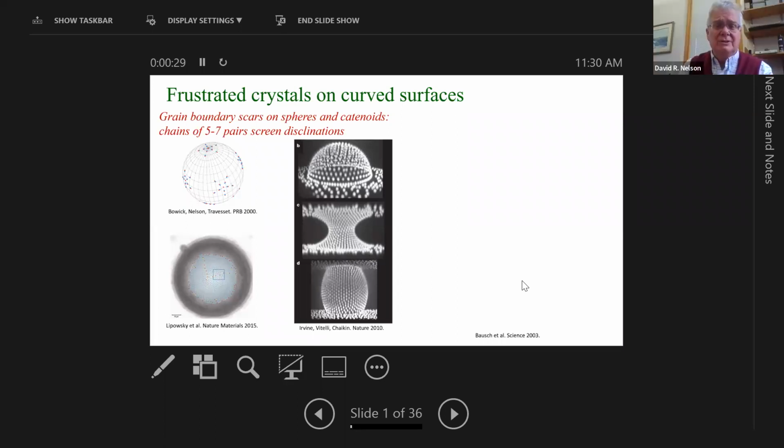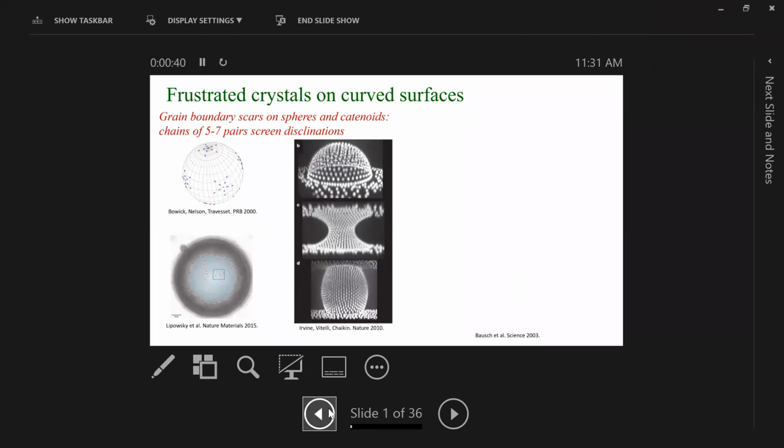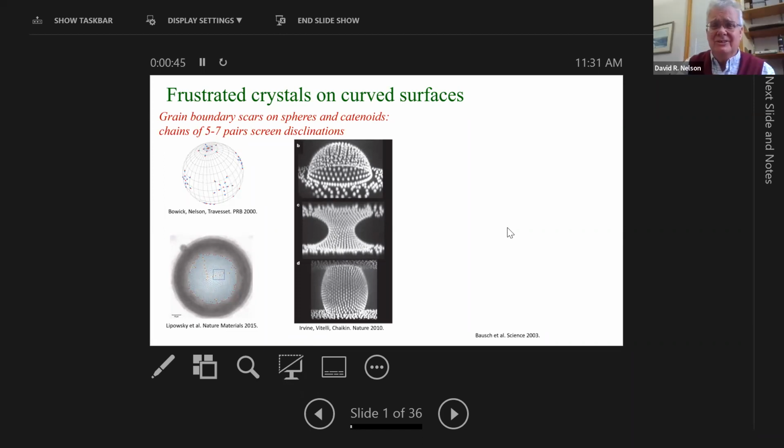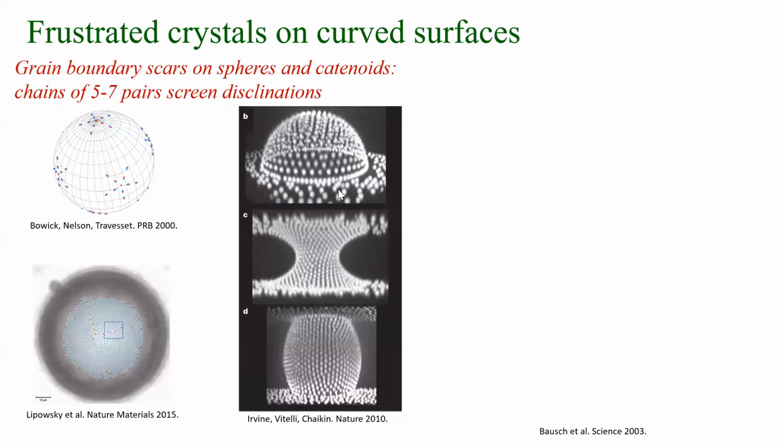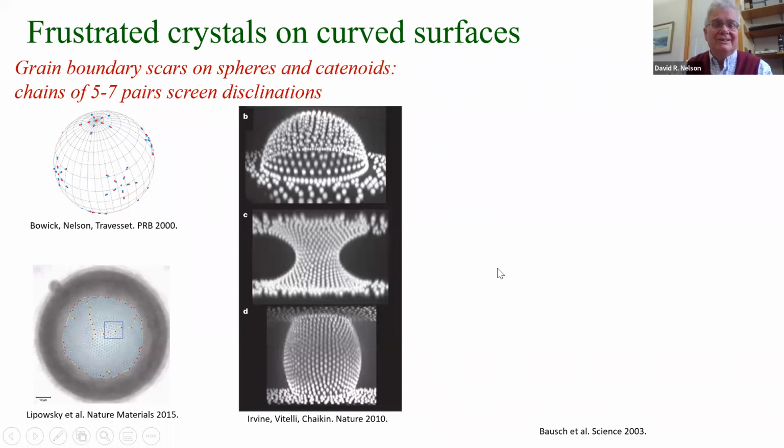Frustrated crystals on curved surfaces. Okay, that's fine. I think what's shown is just the presenter side of the presentation and not the actual side that would show. Okay, so maybe you can click on display settings. Very good, thank you. Let me see if I can do it. Okay, and then swap. Okay, good. Oh, thank you very much, Michael. That's fantastic. Thank you so much.